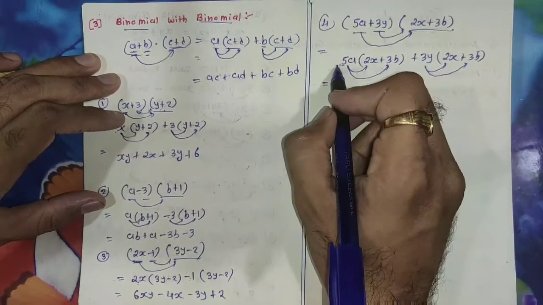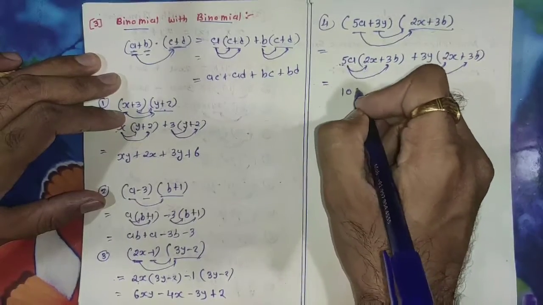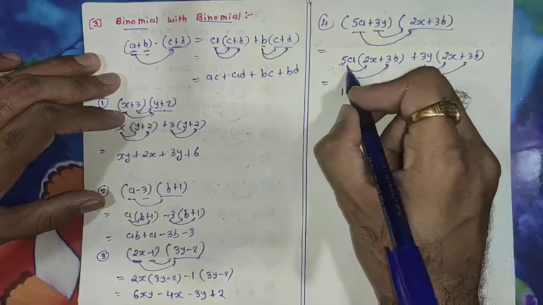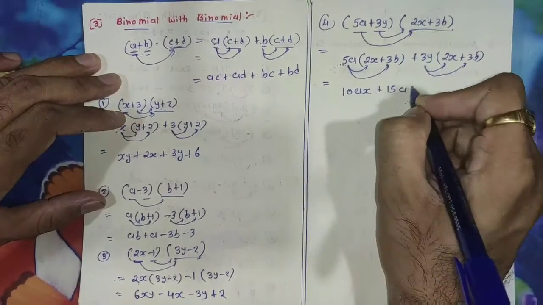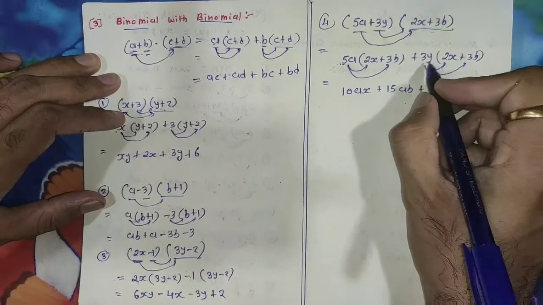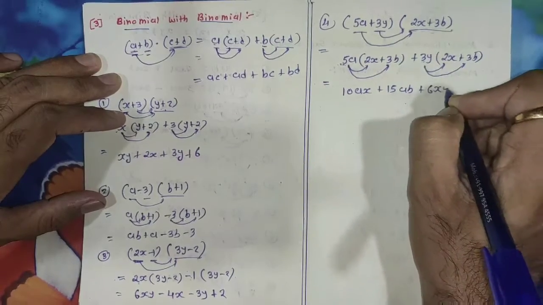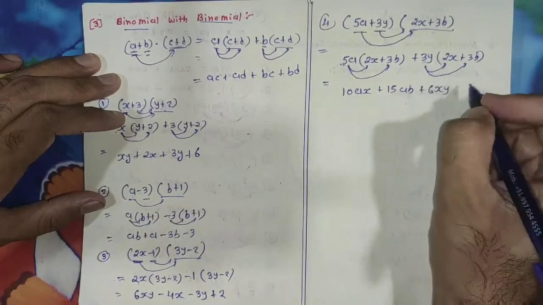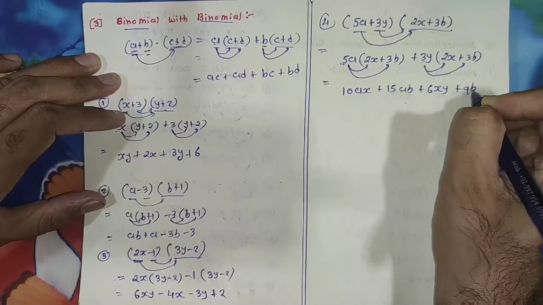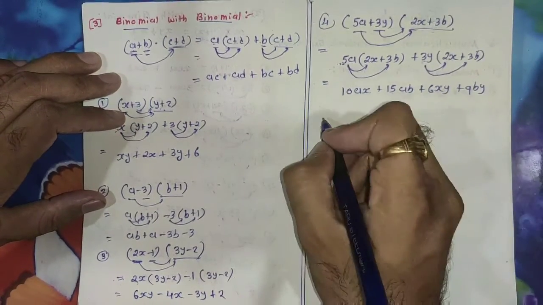Monomial with monomial, coefficient parts, 5 2s are 10, 10 a into x, ax, 5 3s are 15 ab plus 3y into 2x, 3 2s are 6xy, then 3y into 3b, 3 3s are 9by. Clear? एक और एग्जांपल करते हैं.